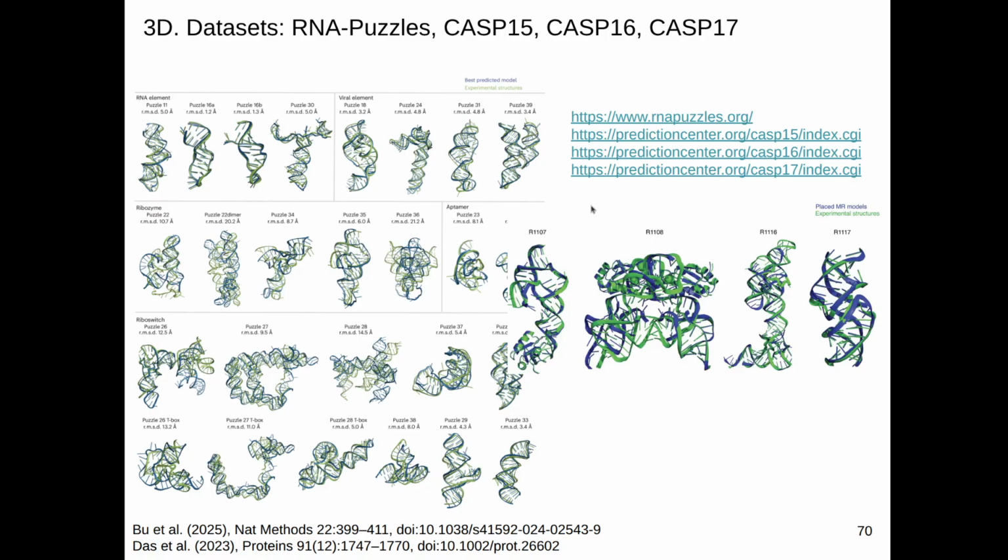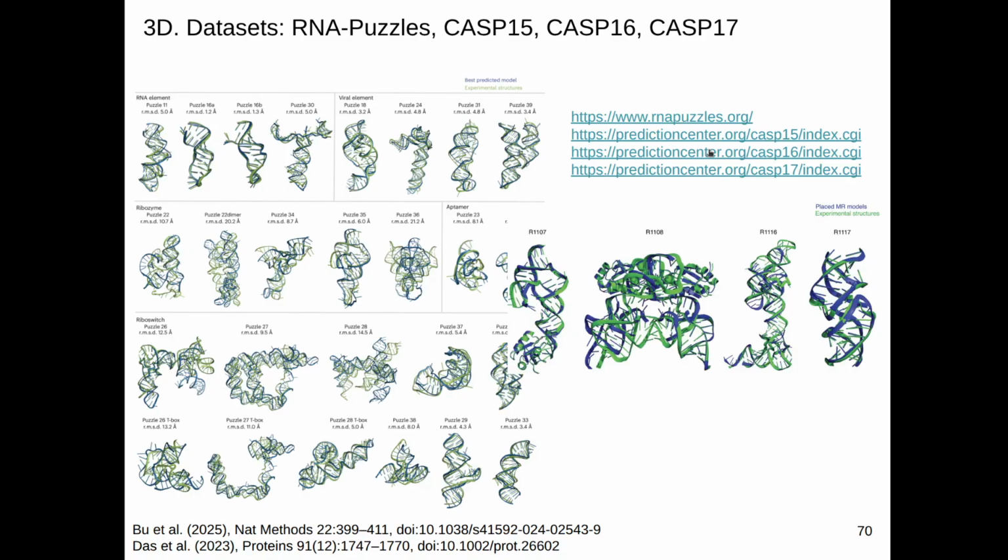These are not that huge datasets. With RNA Puzzles, round 5 included targets, I believe, up to 40. So we have just 40 targets in RNA Puzzles throughout all the years. There are some not published ones, so maybe now it's around puzzle 70, but the latest ones are not yet described, published or analyzed.